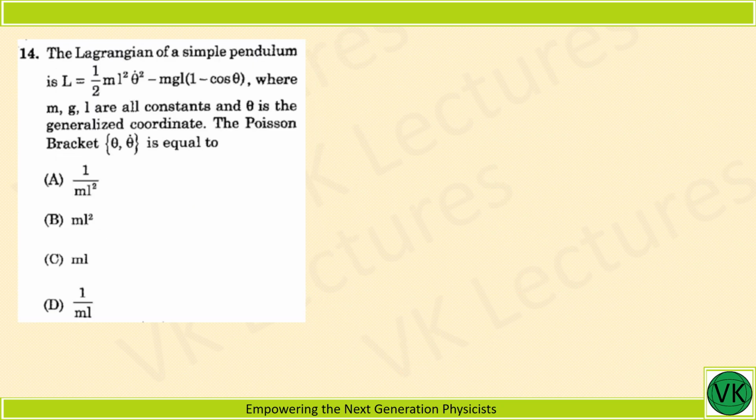The Lagrangian of a simple pendulum is given by L is equal to half m l squared theta dot squared minus m g l into 1 minus cos theta, where m, g, l are constants and theta is the generalized coordinate. Now the Poisson bracket theta comma theta dot, this is what we are asked to find.